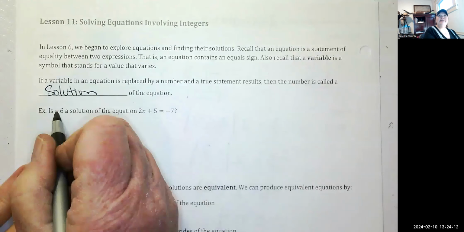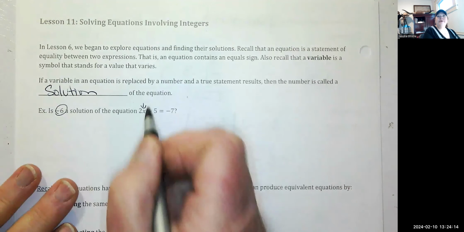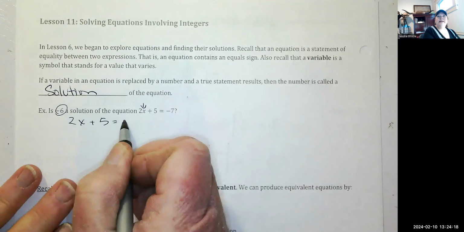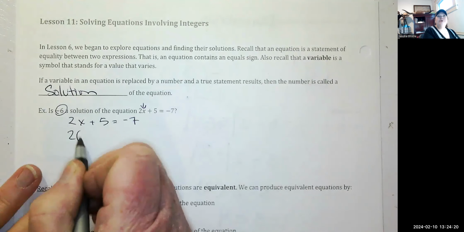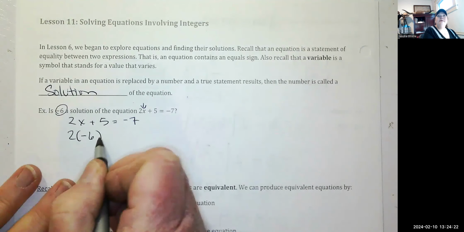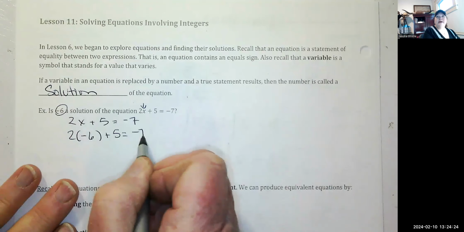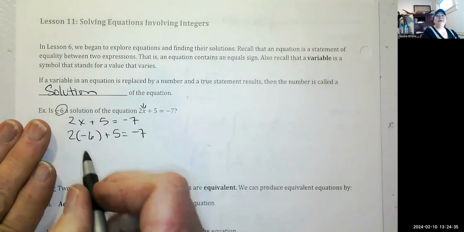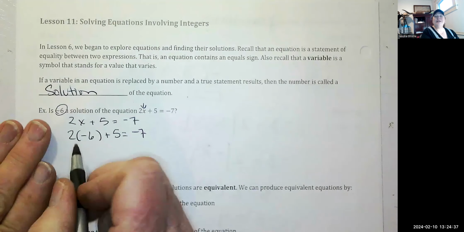So we're going to take -6 and plug it in where the x is. So instead of 2x plus 5 is equal to -7, we're going to have 2 times -6 plus 5 is equal to -7. All we have to do now is work the left side of the equal sign and make sure that it equals the right side. If it does, -6 is a solution.